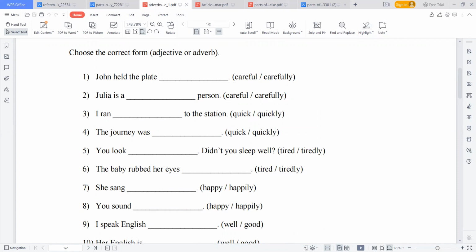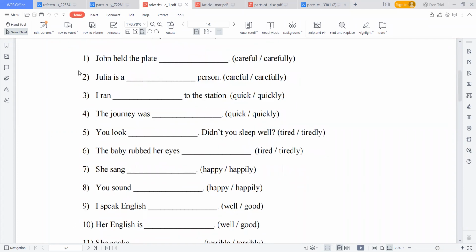When we have a verb in a sentence, when we have a noun in a sentence, and we have to look at those options, whether they're asking for adverb or adjective, you must understand this concept, the difference between adjective and adverb. So take your time and do 1 to 10.